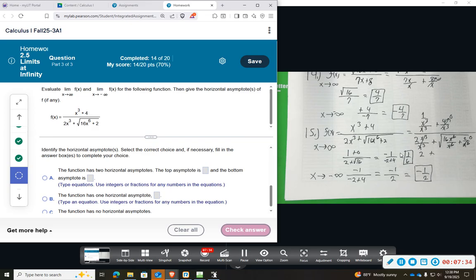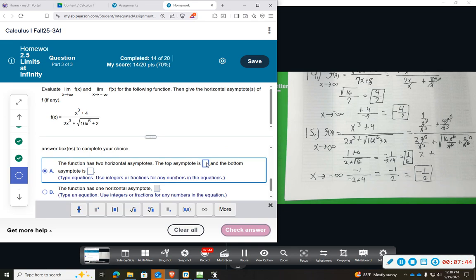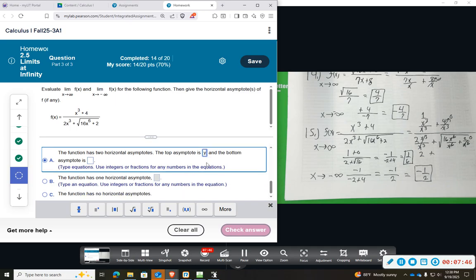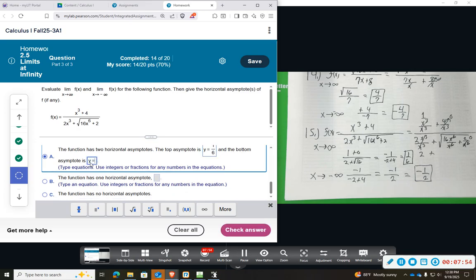And then the two values are going to be two different horizontal asymptotes. The one on the top is a positive value, y equals 1 divided by 6. On the bottom, y equals -1 divided by 2.